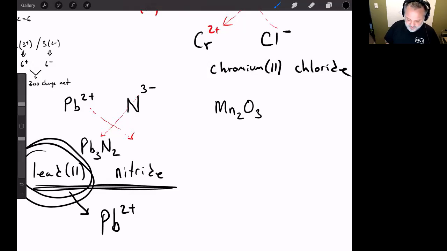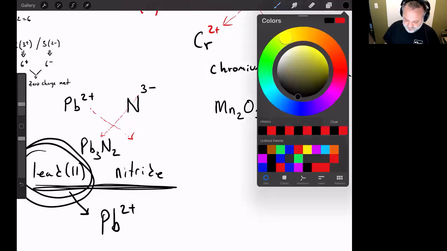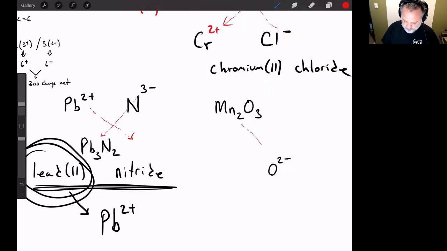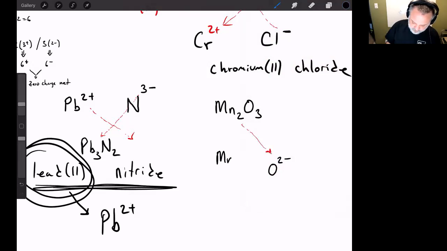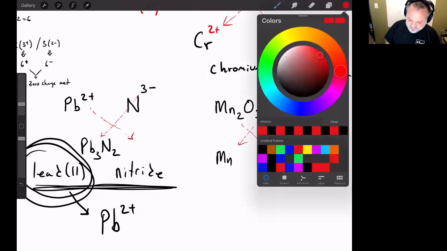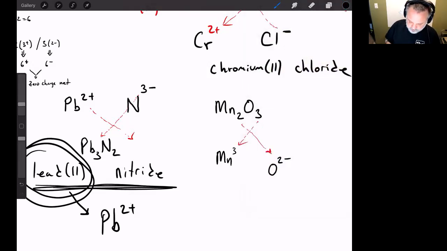And in this case, it's oxide, right? You know oxide is O2 minus. And so this was, again, an example of sort of the reverse cross-down game. What was the charge on manganese then? It's got to balance out that oxygen. So it's 3 plus, right?